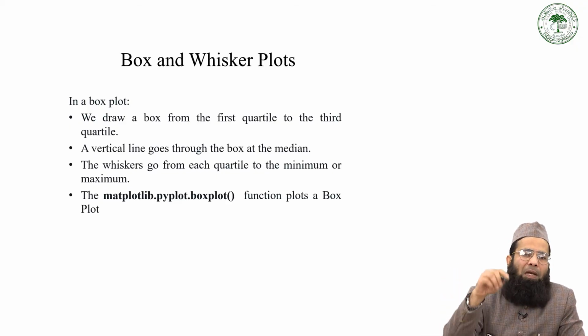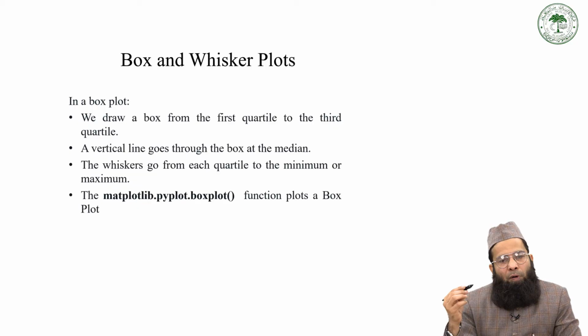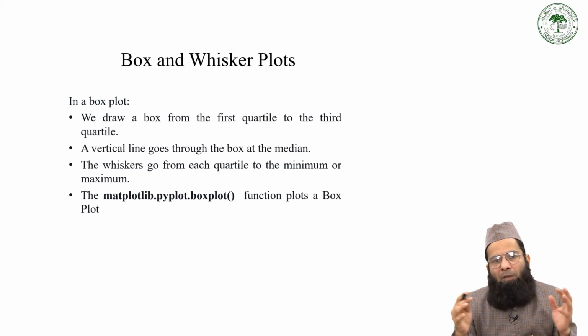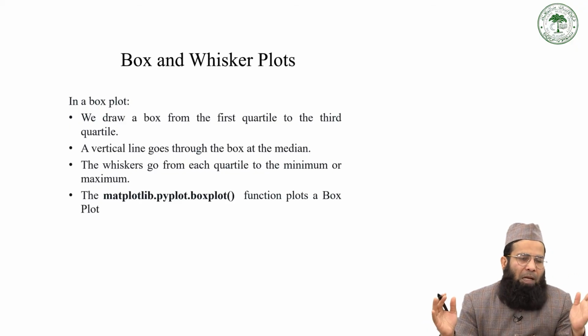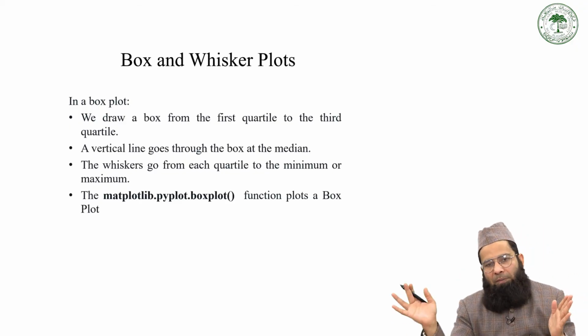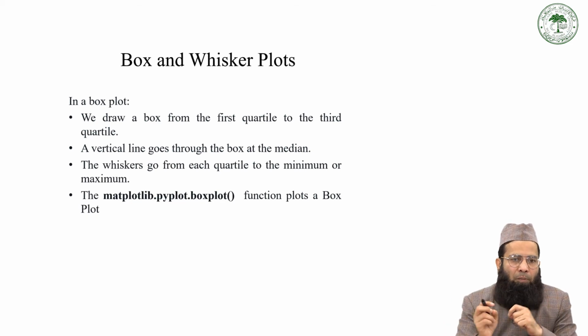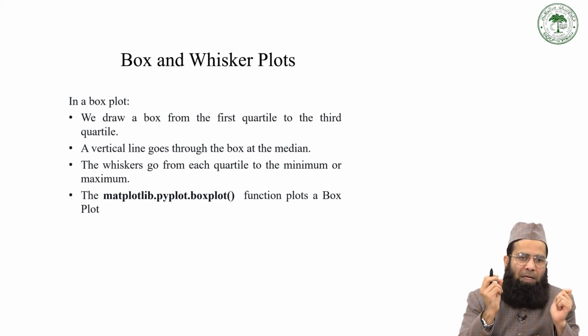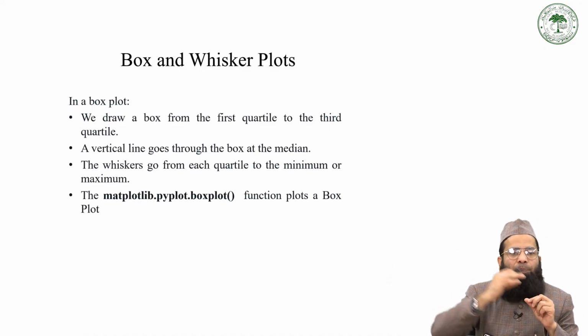Then a vertical line goes through the box at the median. The whiskers go from each quartile to the minimum or the maximum. It means the first quartile to the minimum and the third quartile to the maximum. The whiskers go out on both sides.